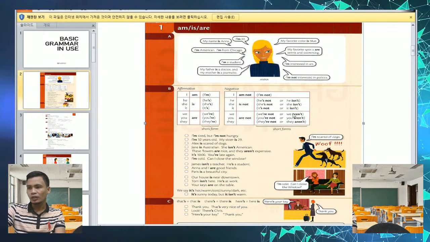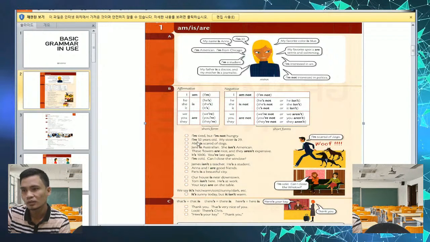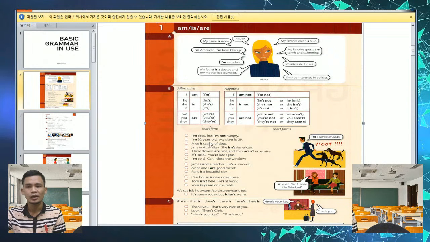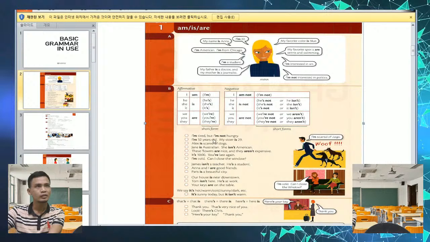Now we have here a series of examples. For example, I'm tired but I'm not hungry. In this sentence, we are using a linking verb in I'm tired, as well as in the negative, I'm not hungry.